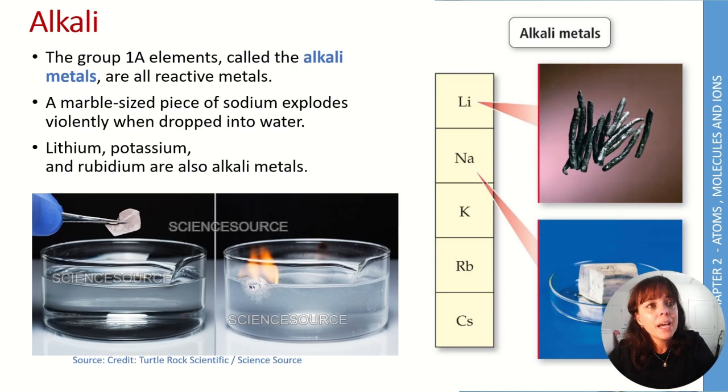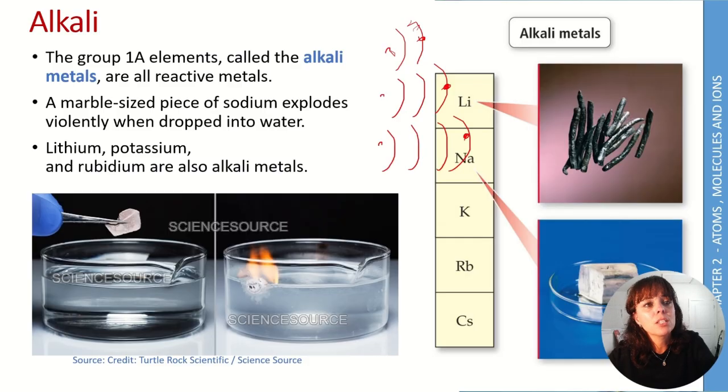Remember that I said they only have 1 electron. So lithium, we're going to have just one electron over there. Sodium, just 1 electron in the last shell. We have potassium, just 1 electron in the last shell. So all those, if they lose that electron, they'll be so stable. So they are very reactive.